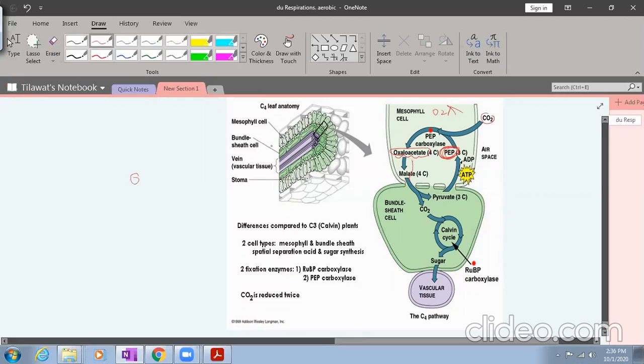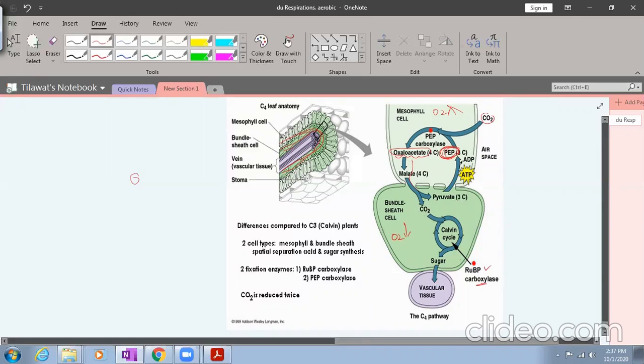You can check here these cells, right? And these cells, oxygen concentration is less. So this oxaloacetate will be converted to malate, and malate will enter that bundle sheath where oxygen is less. So if oxygen is less, there is what? Ribulose biphosphate carboxylase enzyme.